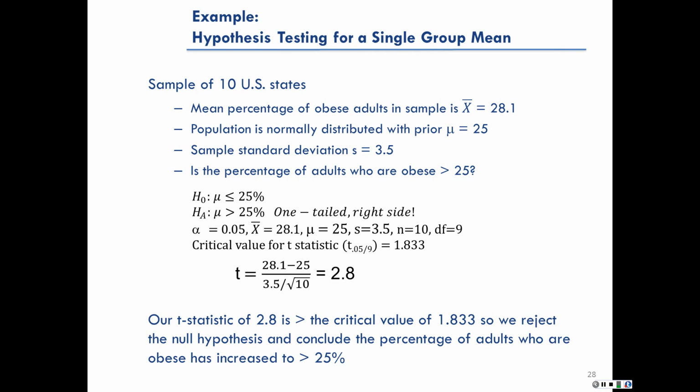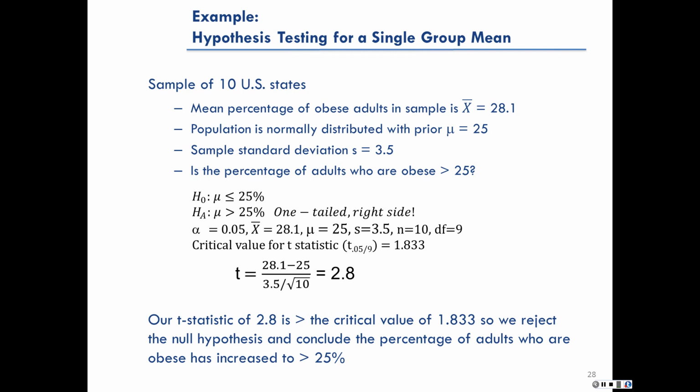The null hypothesis is that it's less than or equal to 25%. Our alpha value is 0.05, and so you can see we have the other test values there. The important thing is, at that alpha value of 0.05 and degrees of freedom equal to 9, because degrees of freedom are 10 minus 1, the critical value for the t-statistic is 1.833. So the next step is to actually compute the t-statistic itself using our sample values and population values there.